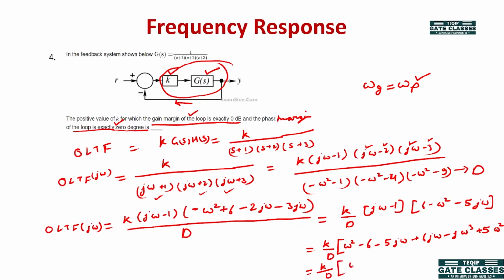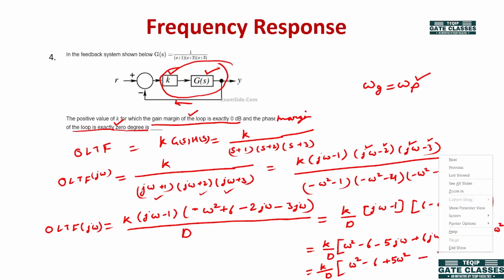So we get omega square minus 6 plus 5 omega square minus plus j omega minus j omega cube.